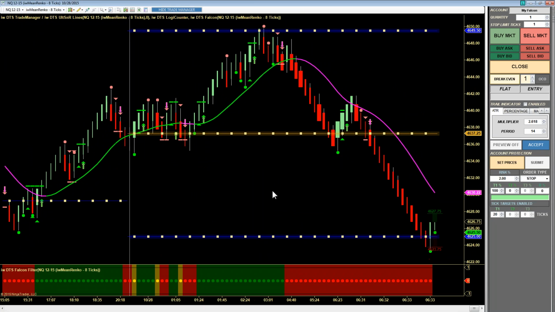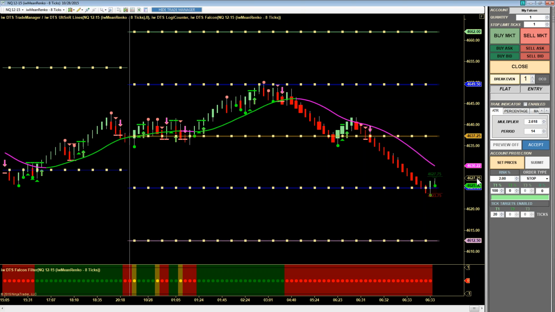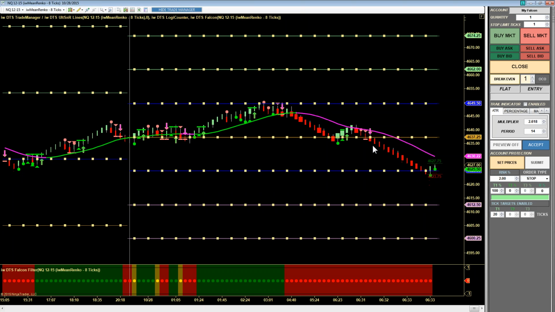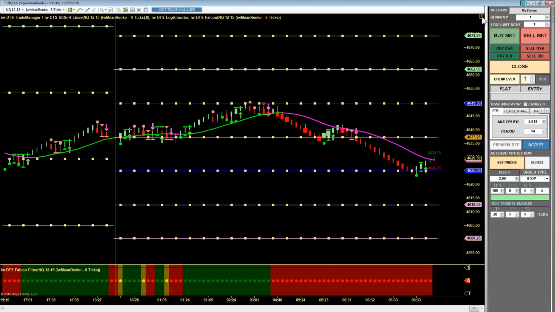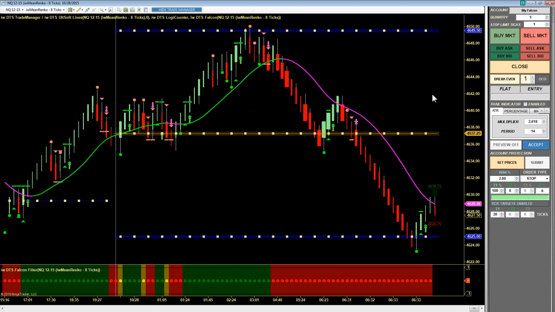These lines that you see on here, I'm going to show you a few add-ons today. This is one of them. These add-ons are not DTS specific. Okay, you can put them on any chart, so even if you're not using DTS. These add-ons here are the Ultimate Support and Resistance Suite.